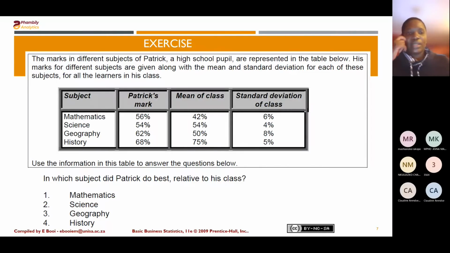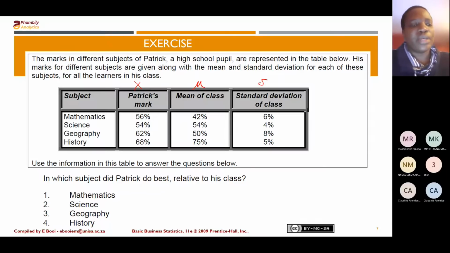Patrick's marks are what we call the X observations. The class average is what we will use for the mean, and their standard deviation tells us how far apart each of the class results are from each other.